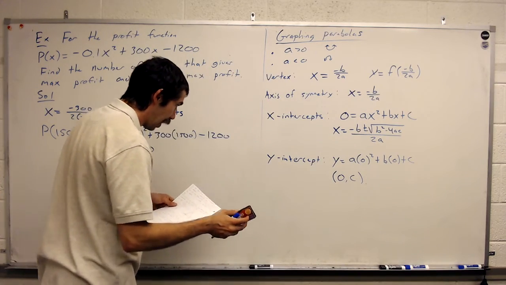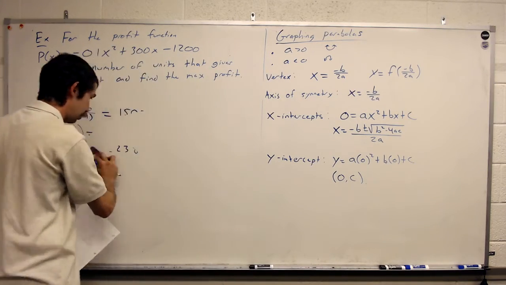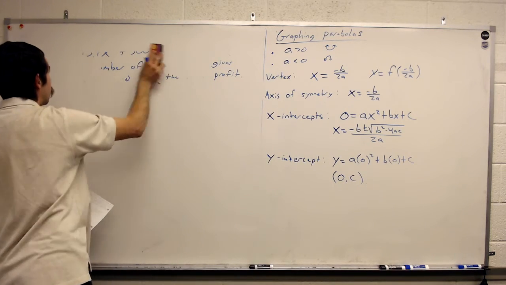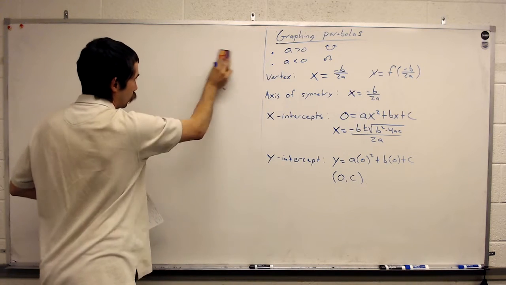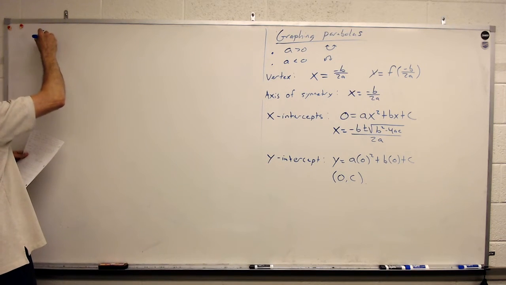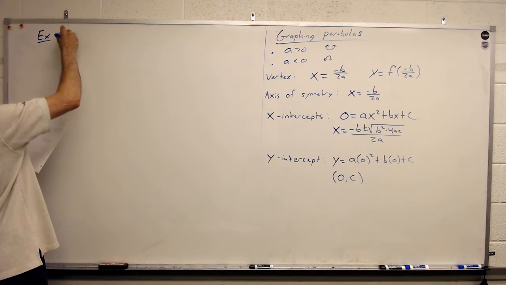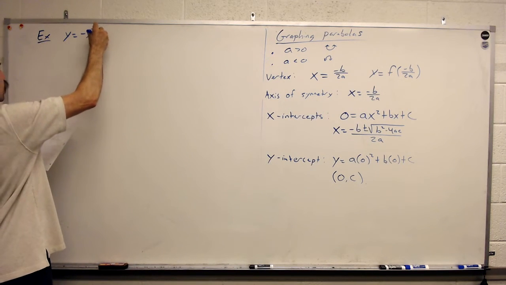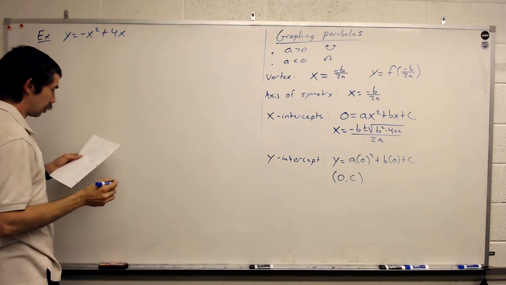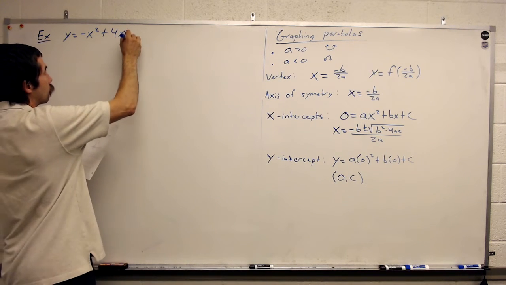So let's take a look at an example. Our function is y equals negative x squared plus 4x. And we want to graph the function.